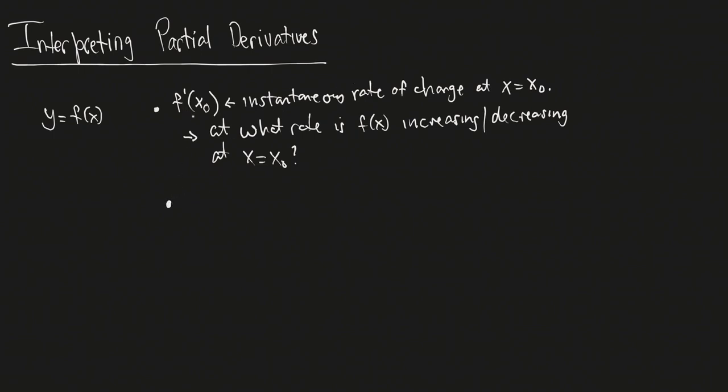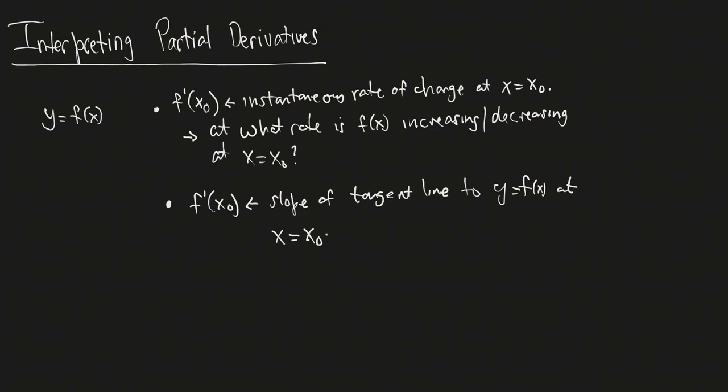The other way is more geometric. It's the slope of the tangent line to the graph of this function, the slope of the tangent line to y equals f of x at x equals x0.